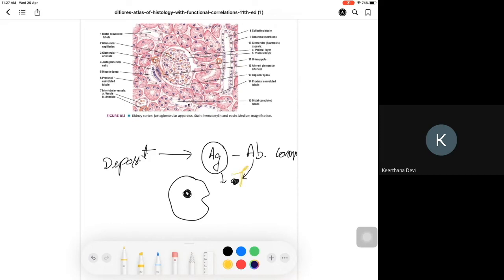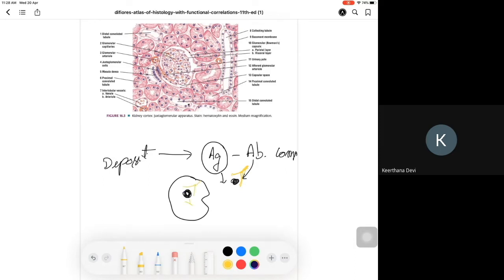So it can be an antigen antibody complex formed outside the kidney, where the kidney is an innocent bystander. No disease in the kidney, but the antigen antibody complex is formed outside and it is deposited in the kidney. For example, SLE. Whereas in some diseases, the antigen is a part of the kidney and the antibody comes there.